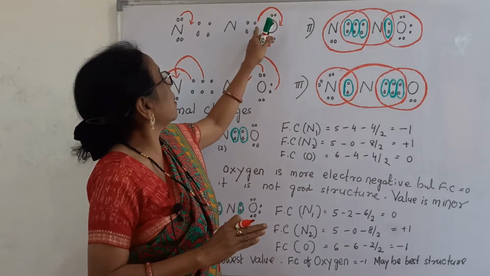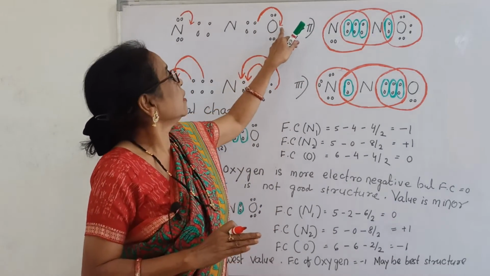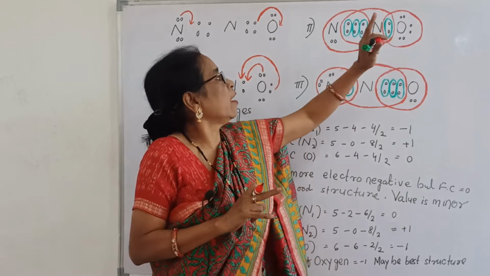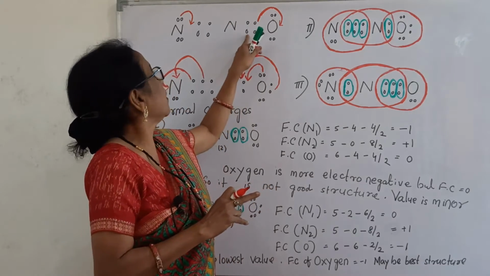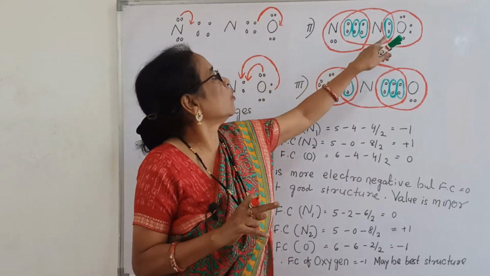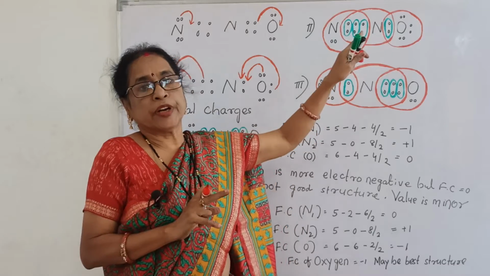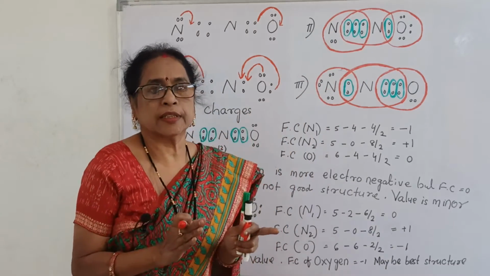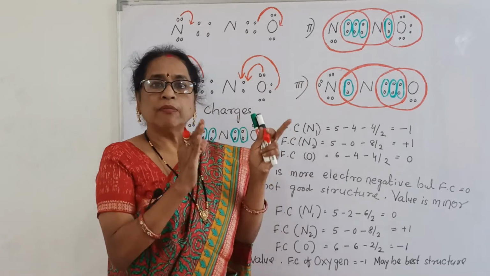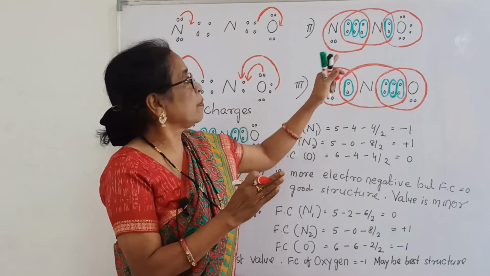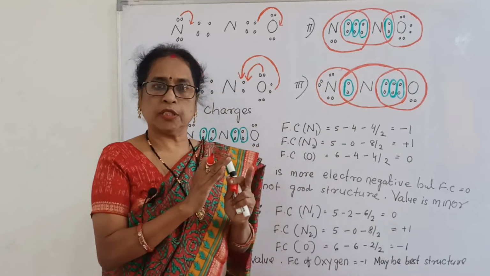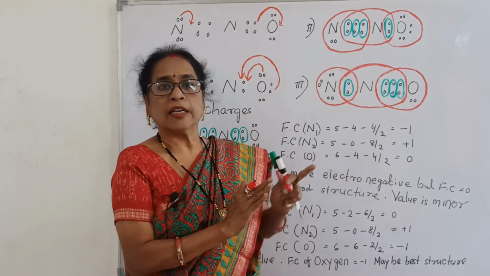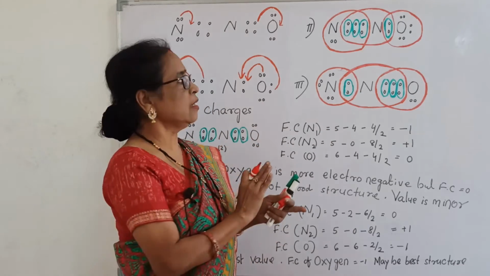Now since this pair of electrons is transferred here, it forms 1 pair of non-bonding electrons instead of 2 pairs of bonding electrons. Here there is only 1 pair of bonding electrons. Now between the 2 nitrogens it will form 3 bonds, and between this nitrogen and oxygen it forms 1 covalent bond.